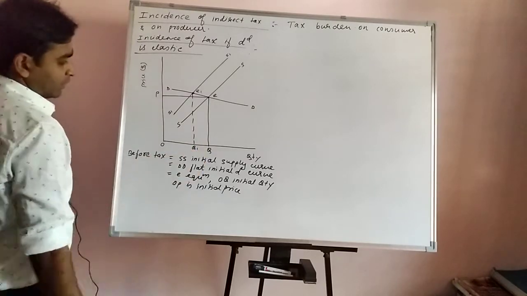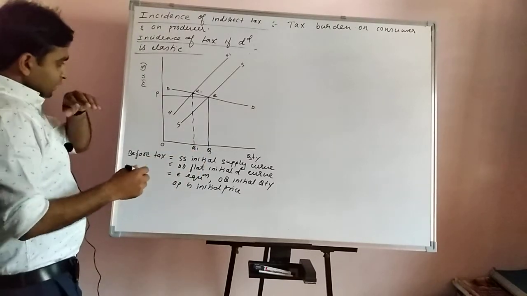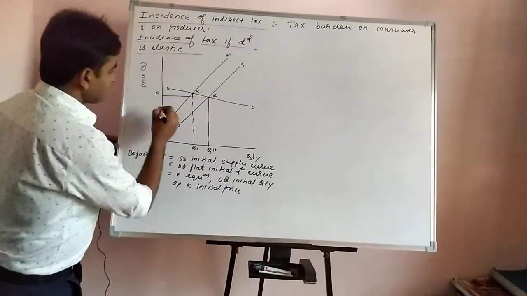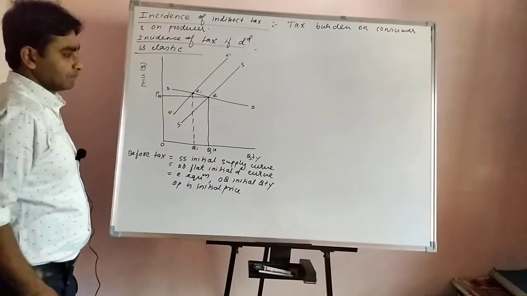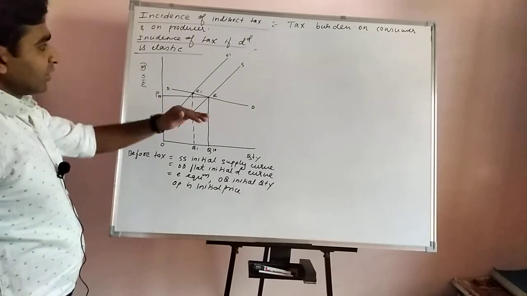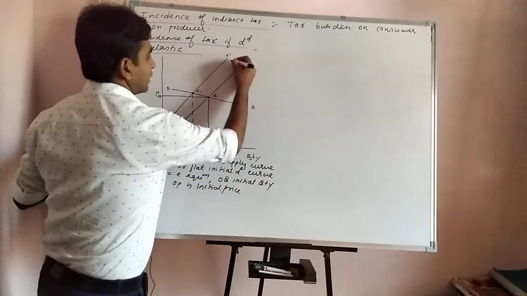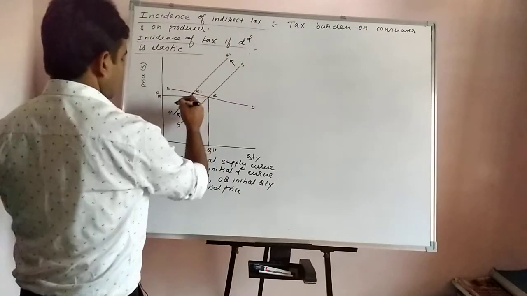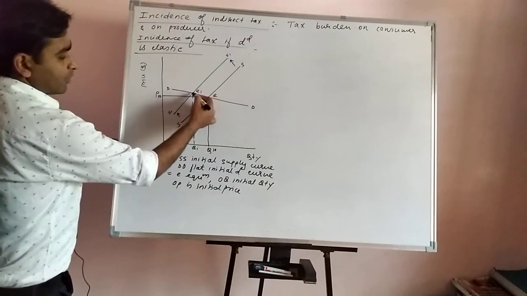This is Q1. So let's give some values here. For example, initial quantity 10, initial price 10. Now after tax the supply curve shifted to the left, so we have new supply curve S1 and new equilibrium point E1.